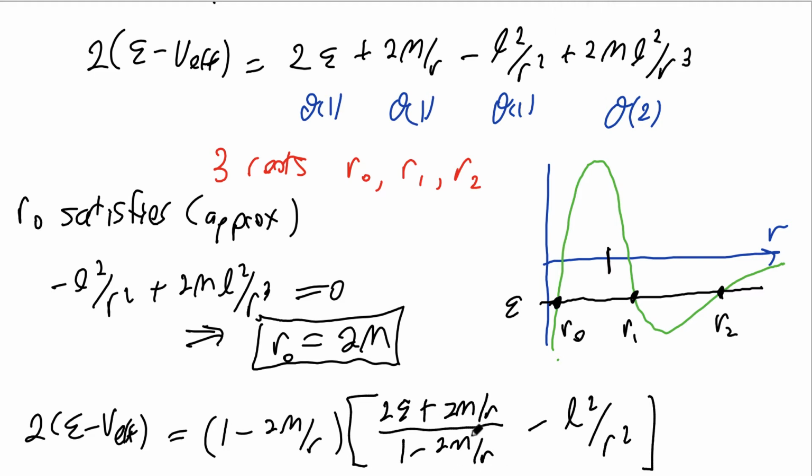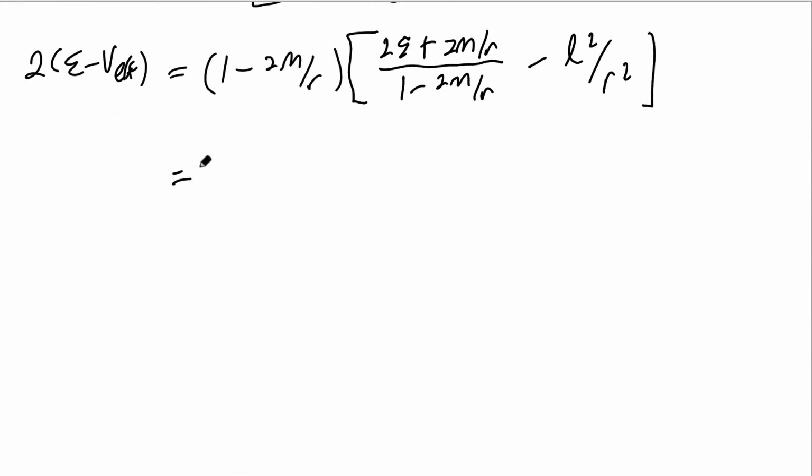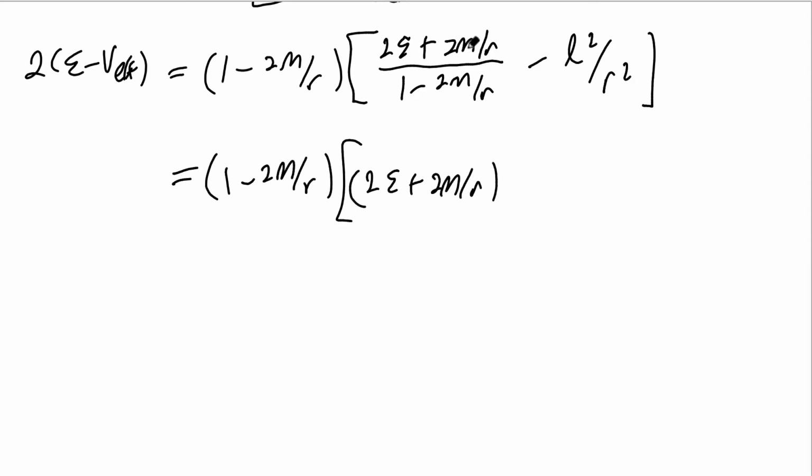Now this term 2m over R is a small quantity, much smaller than 1. So we can do a Taylor expansion. So we have the 1 minus 2m over R out front. Then we have 2e plus 2m over R from the numerator. And from the denominator we have 1 plus 2m over R plus higher order terms, minus L squared over R squared.